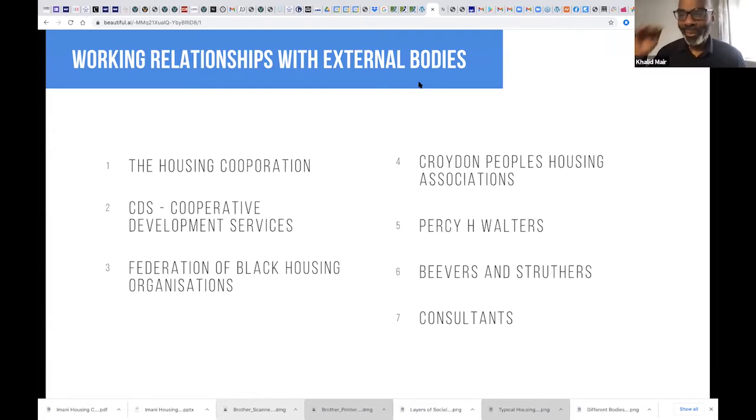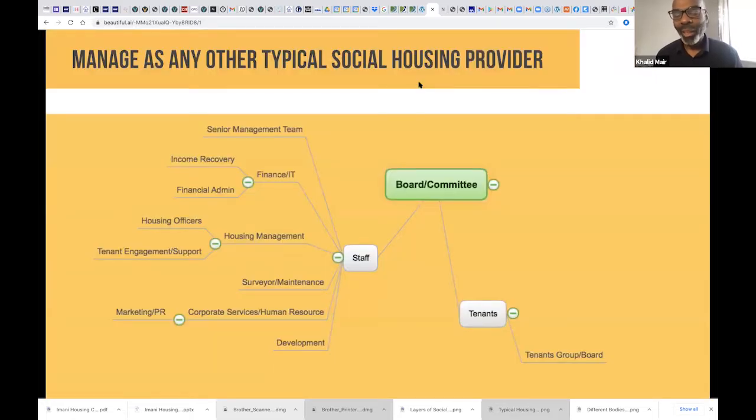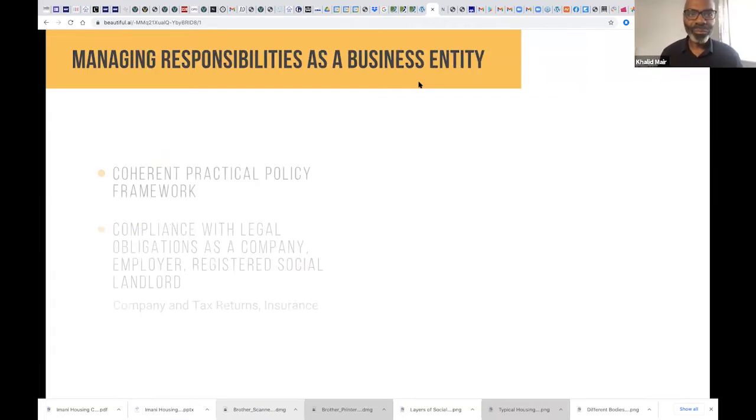From the senior level, they had the right idea of empowering and facilitating groups, but the inspectors, I don't think, had the same view. This is the scenario of a typical housing provider, irrespective of how large it is. But as a co-op, we had to take on all of those roles.